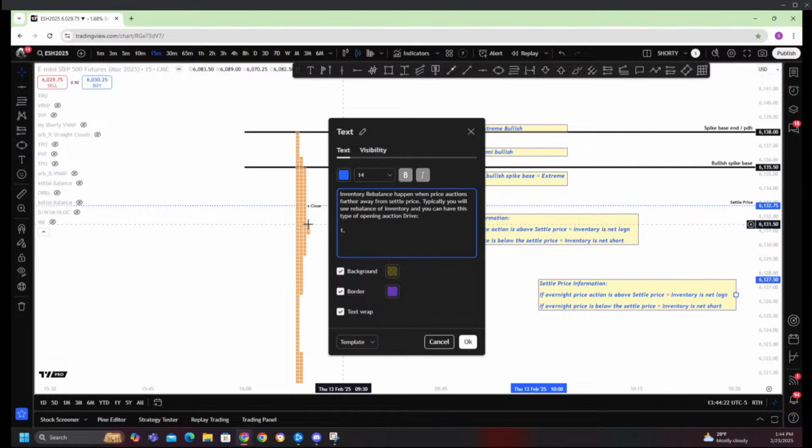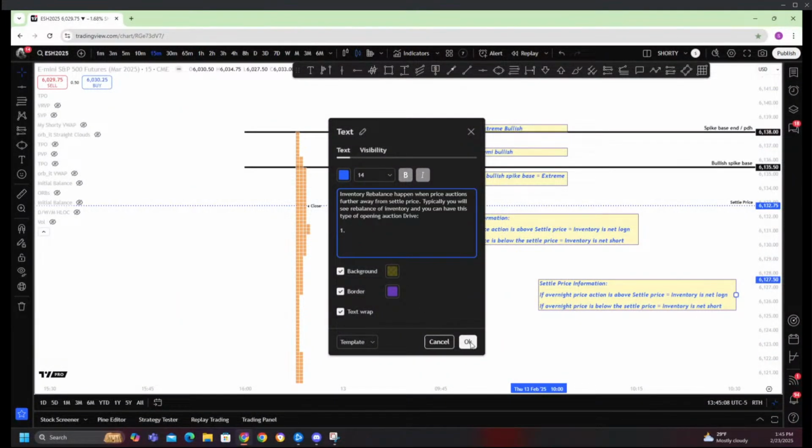What kind of drive do you call that? I always forget these. Is it the open test drive? Ah, that's it. You want to tell them what that would look like? So it went up past the settle price, then went back down to test the settle price, and then continued back upwards. So open test drive: it opens, it tests a key level, and then it proceeds strongly in one direction.